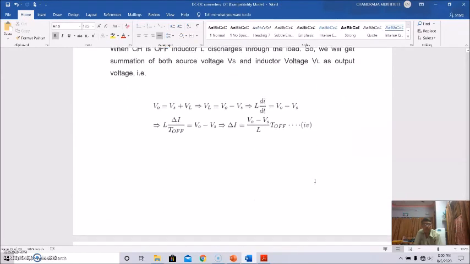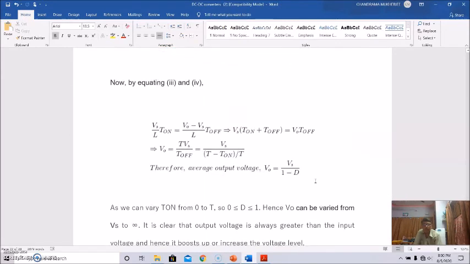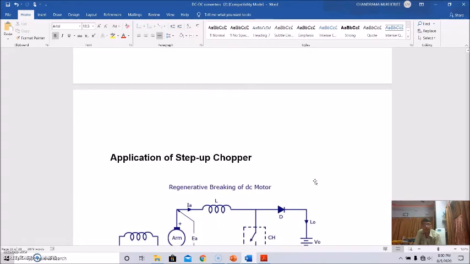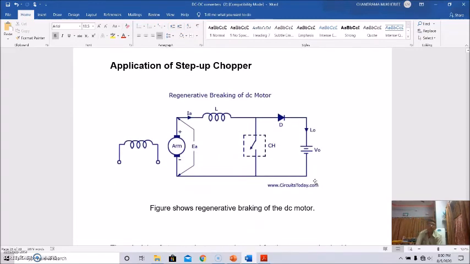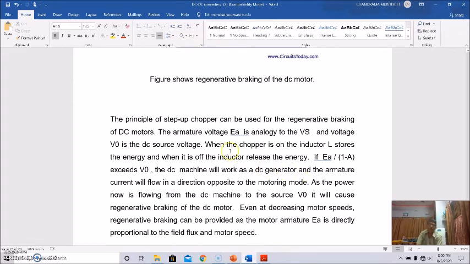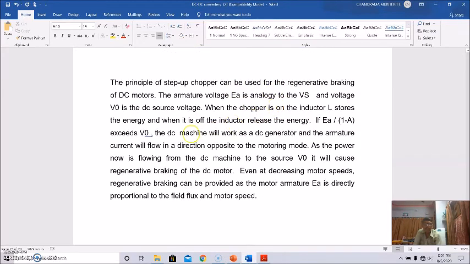And then its application for regenerative braking of DC motors we have discussed in detail. So actually these are the things we have discussed in our DC-DC converter circuits.